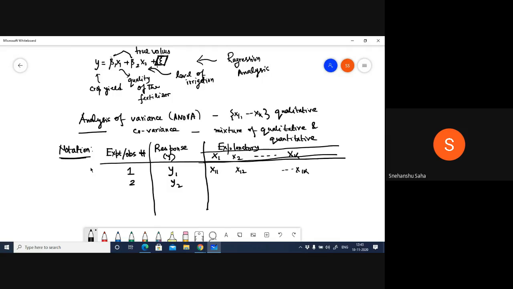And similarly, we repeat that notation as x21, x22, up to x2k. And we go all the way up to, let's say, n observations, where the corresponding response variable value is yn, and then we have xn1, xn2, all the way up to xnk. And typically these n and k values do not match, right?